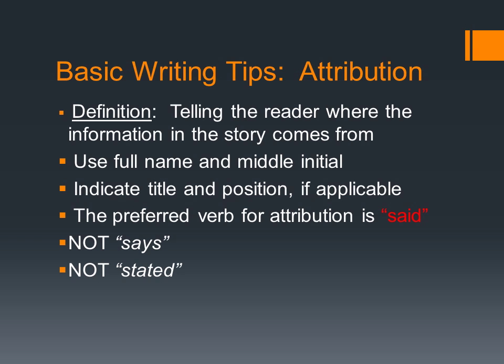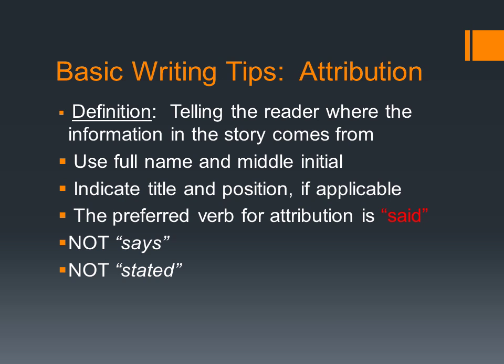We also spoke about attribution, in other words, letting the reader know the source of the information, the source of where the story comes from. And in doing so, again, we use first name, middle initial, last name.